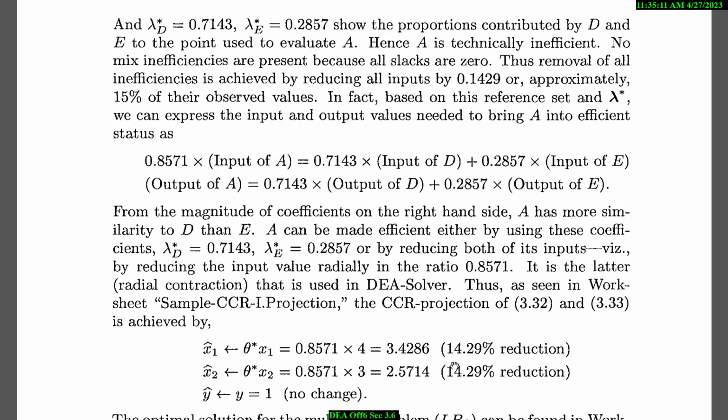That is about a 40% reduction in the inputs, and the outputs of course are not changed because the slacks are zero. Note that you don't see any slack here because the values of the optimal slacks are all zero.